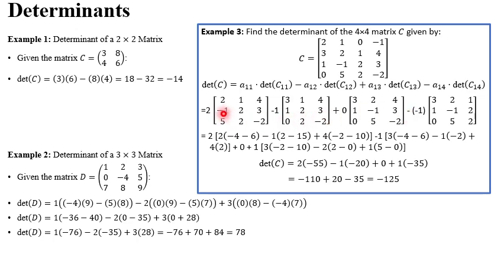The determinant of this 3 by 3 matrix is determined using the previous approach for a 3 by 3 matrix, and that is multiplied by the second element in the first row. So the determinant is also computed and multiplied with the second element.